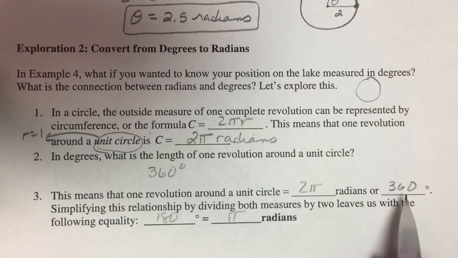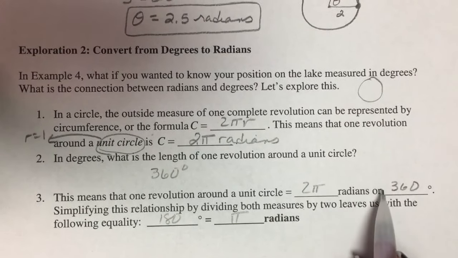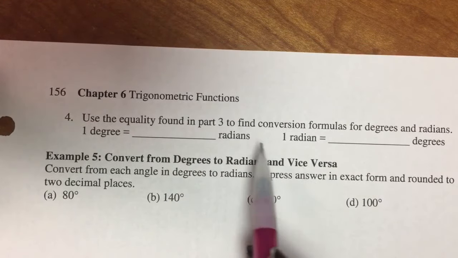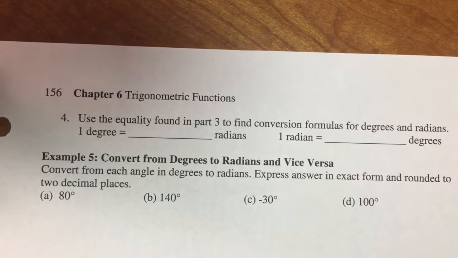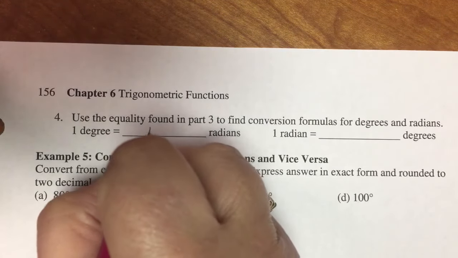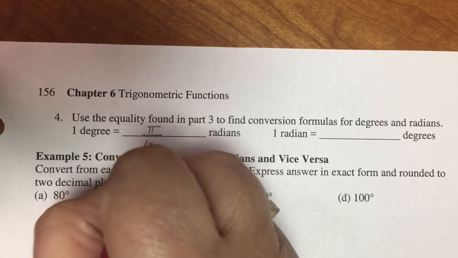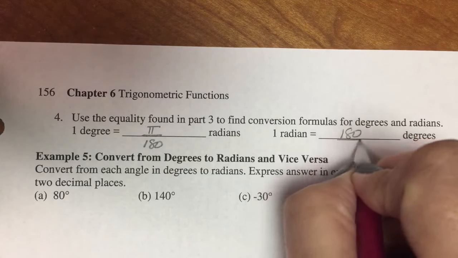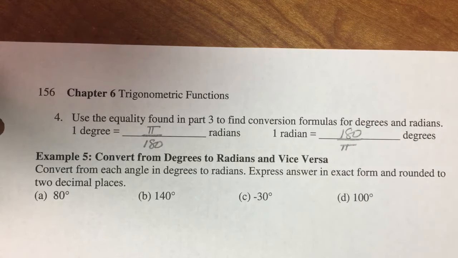It's just dividing both sides of this by 2. Taking it one step further then, if we use that equality found in part 3, we can find the conversion formulas for degrees versus radians. 1 degree is pi divided by 180 radians. And 1 radian is 180 divided by pi degrees.